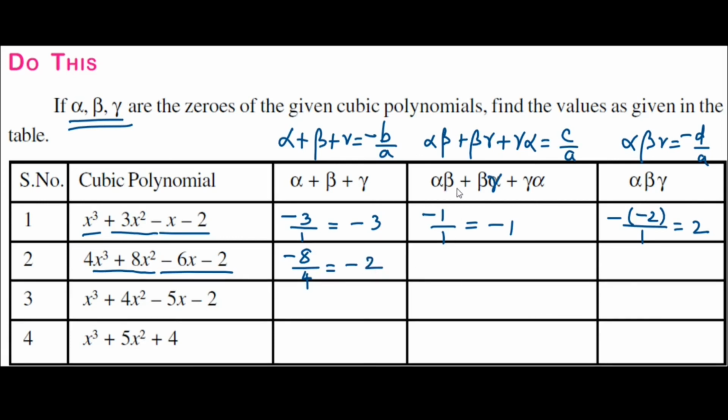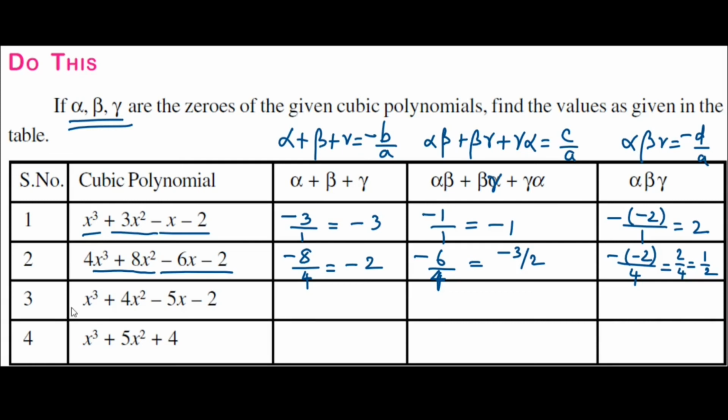And alpha beta plus beta gamma plus gamma alpha is equal to c by a. c here is minus 6, a is 4. So minus 6 by 4. This is minus 3 by 2. And alpha beta gamma is equal to minus d by a. So here minus of minus 2 by 4. This is 2 by 4, which is equal to 1 by 2.